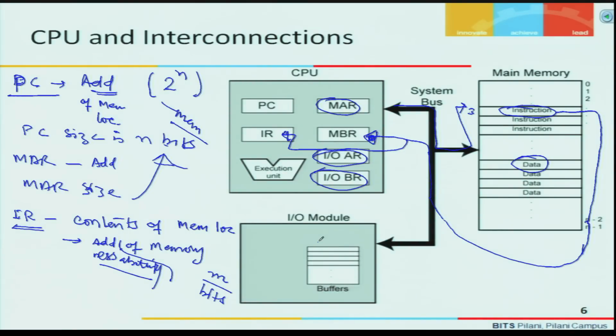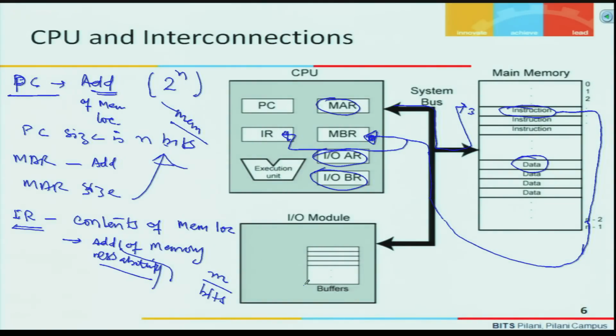Similarly, the memory locations store data or instructions at each location. Here also an address space is there, a kind of memory, where information related to each IO module or IO device is stored, or buffers are stored.